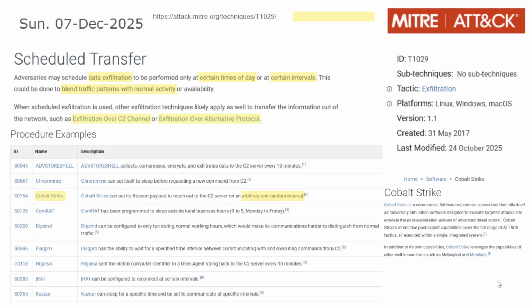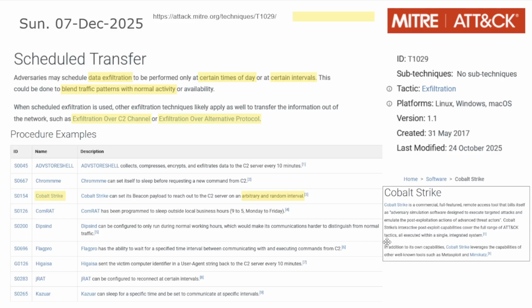Okay. Let's read it. It is a commercial full-featured remote access tool that bills itself as adversary simulation software designed to execute targeted attacks and emulate the post-exploitation actions of advanced threat actors. Cobalt Strike's interactive post-exploit capabilities cover the full range of attack techniques.